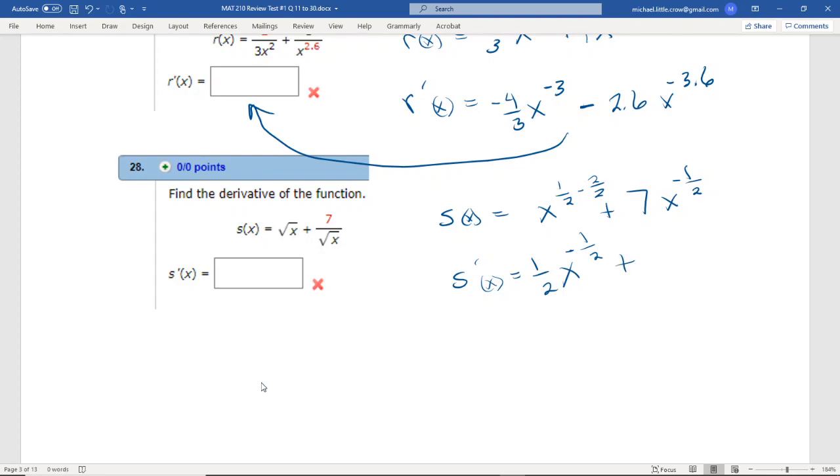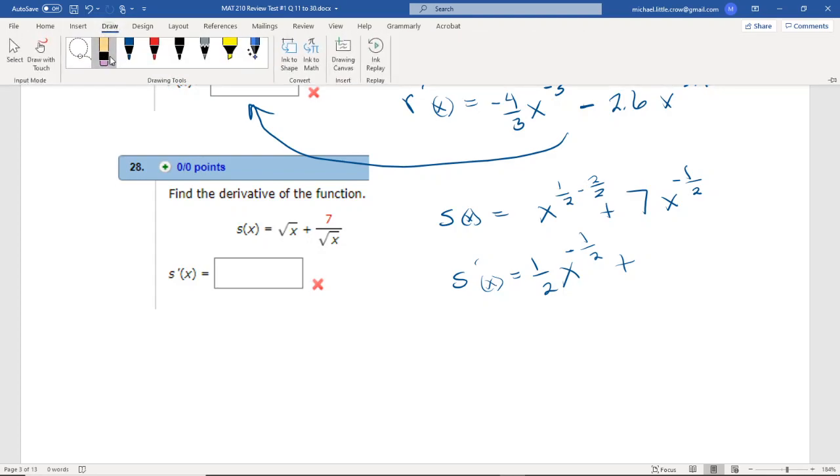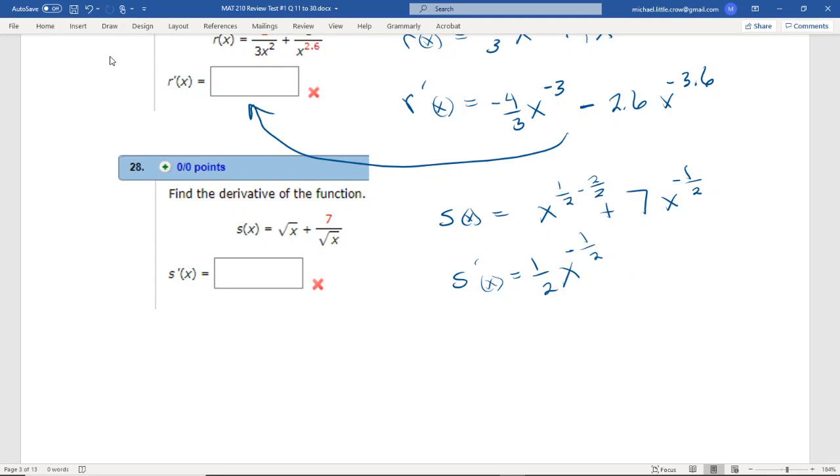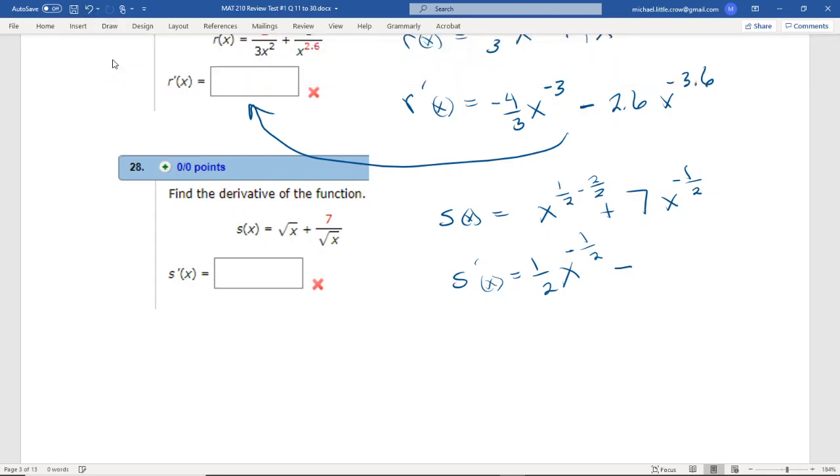Negative 1/2 times 7, so we are going to rewrite this as positive times a negative. So it's going to be minus 1/2 times 7 is 3.5, or 7/2, however you want to write it. Subtracting 1 from 1/2, so that's minus 2/2, so notice that's going to be minus 3/2.